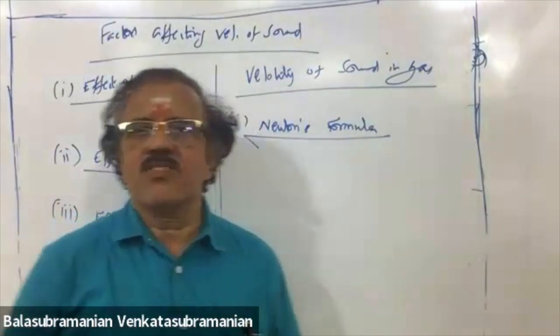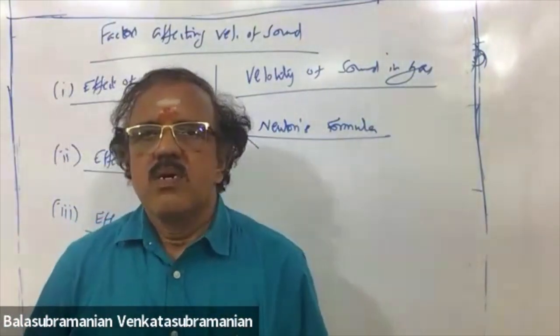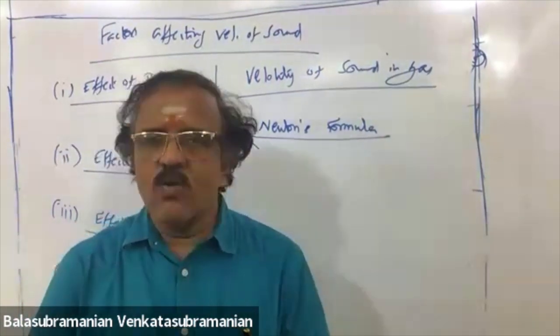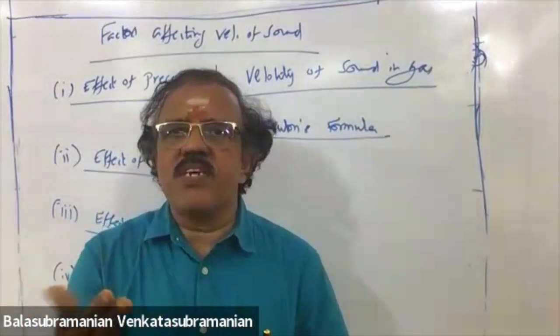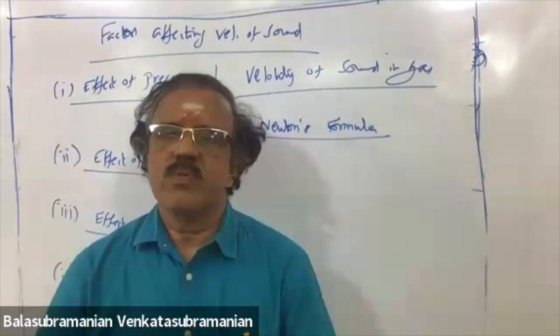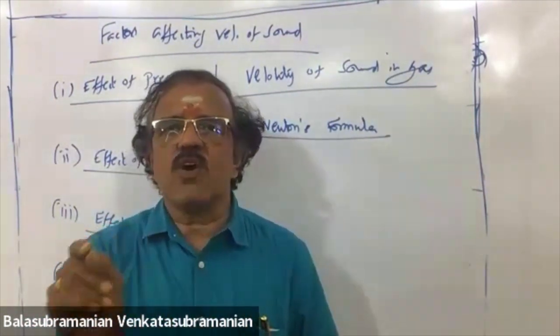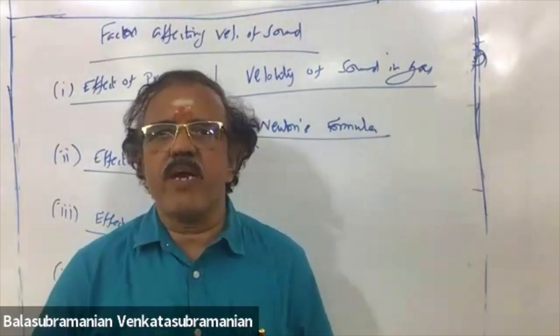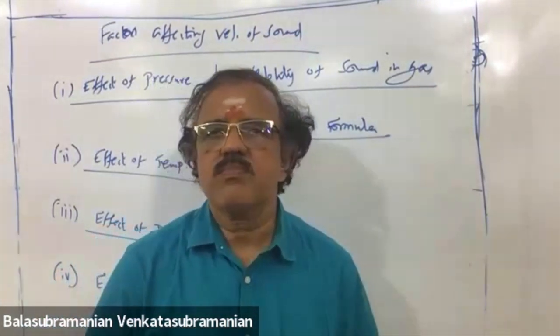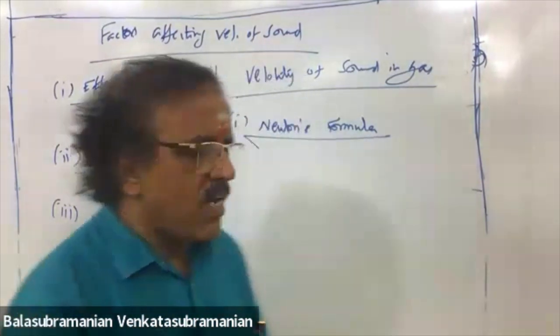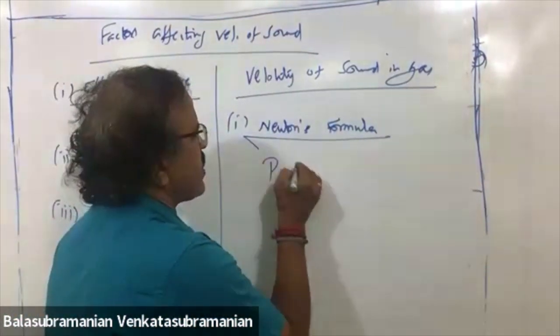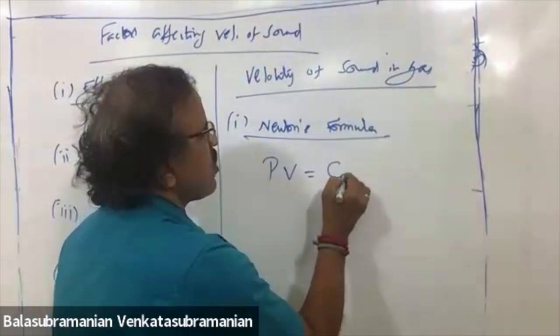How Newton assumed the sound. Of course, when sound travels through a medium, pressure and volume of the system change. Temperature remains constant. This is the assumption made by Newton. Pressure and volume change, temperature remains constant, means we have to take the equation PV is equal to constant.